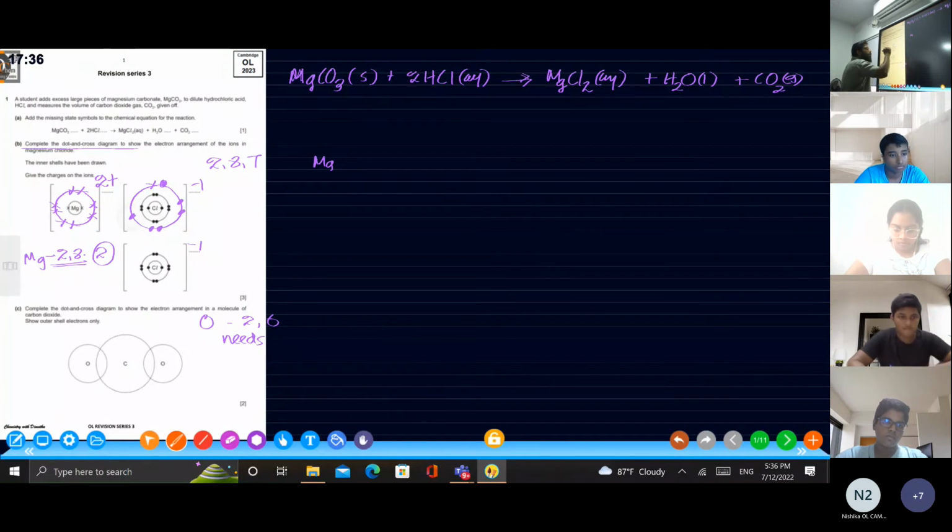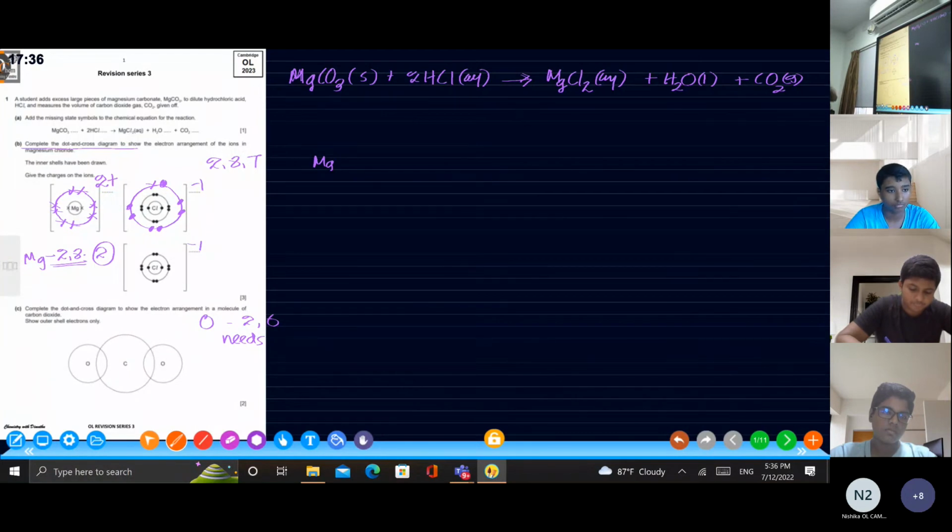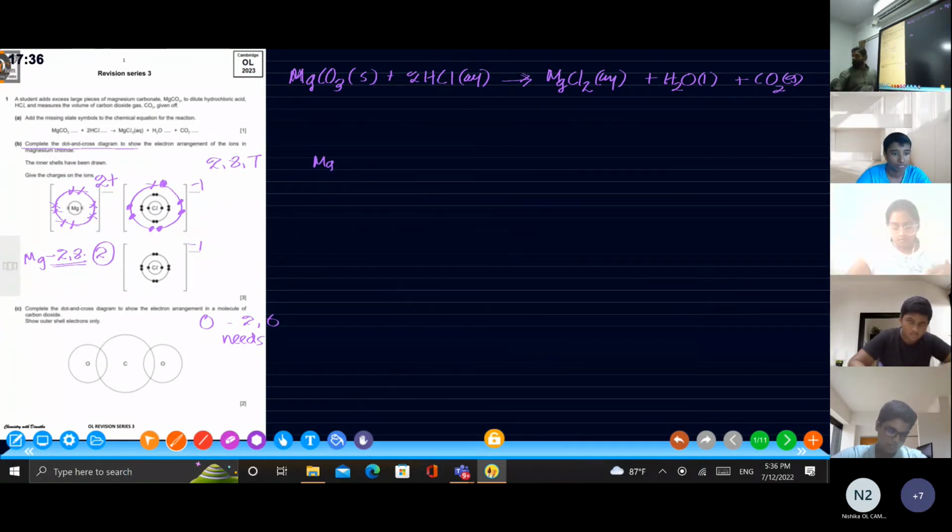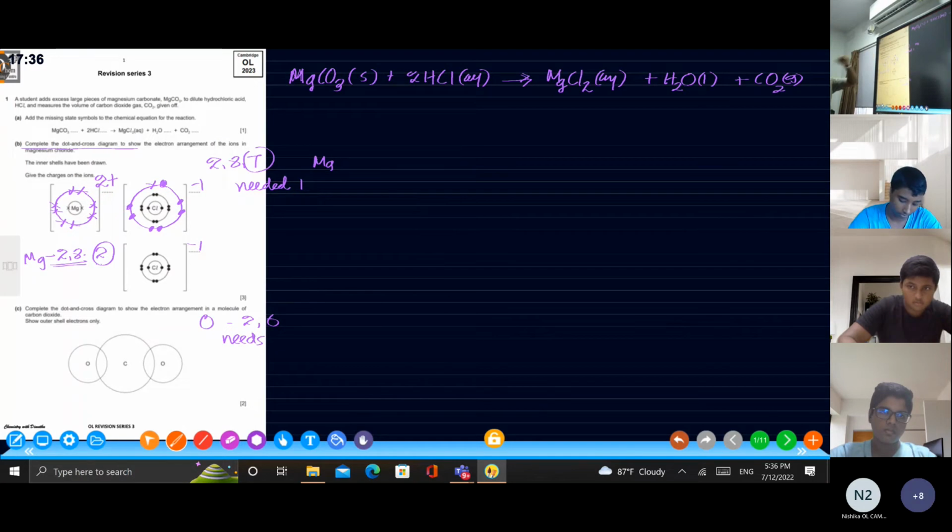Because magnesium gave 1 electron to chlorine, right? That should be shown in cross, right? And magnesium's last 2 electrons were given to the chlorine atoms. Chlorine was 2, 8, 7 and it needed 1, and that 1 was taken from magnesium.